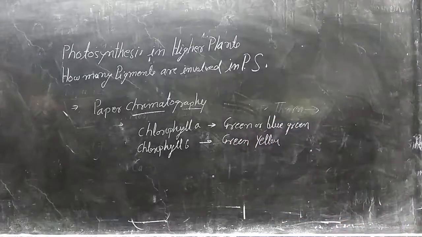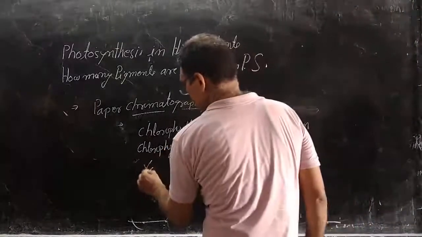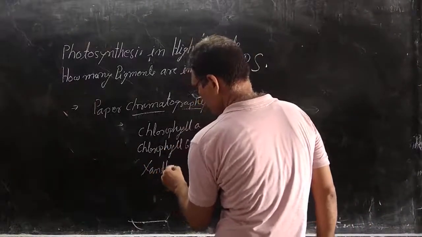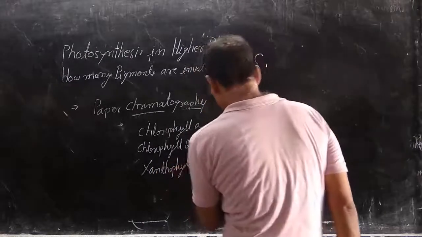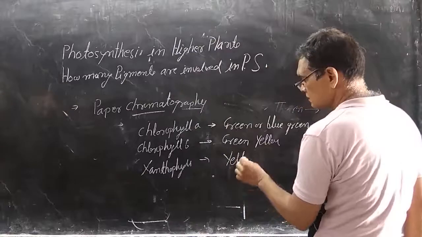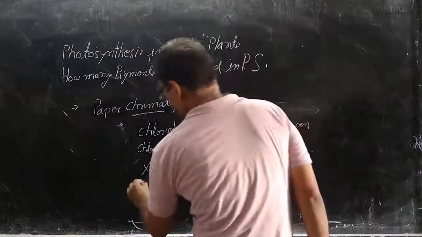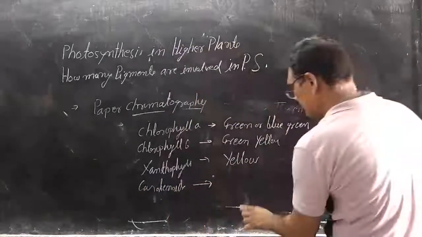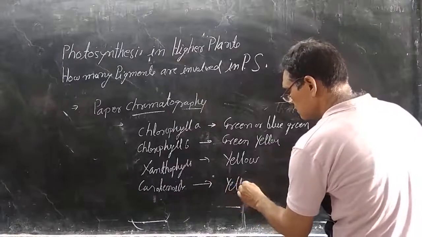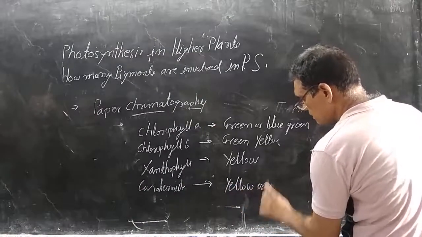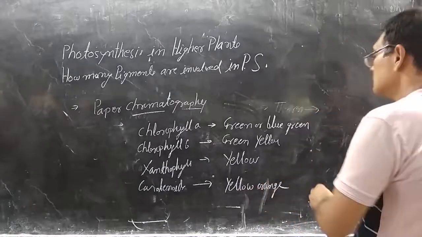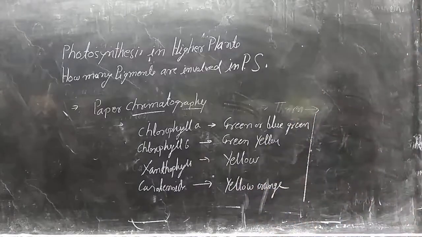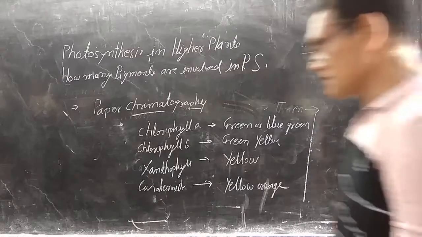Another type of pigment is xanthophyll, which is yellow in color, and another is carotenoids, which are yellow, orange in color. These 4 types of pigments are present in the leaves and they absorb different types of sunlight or different types of light and other things.